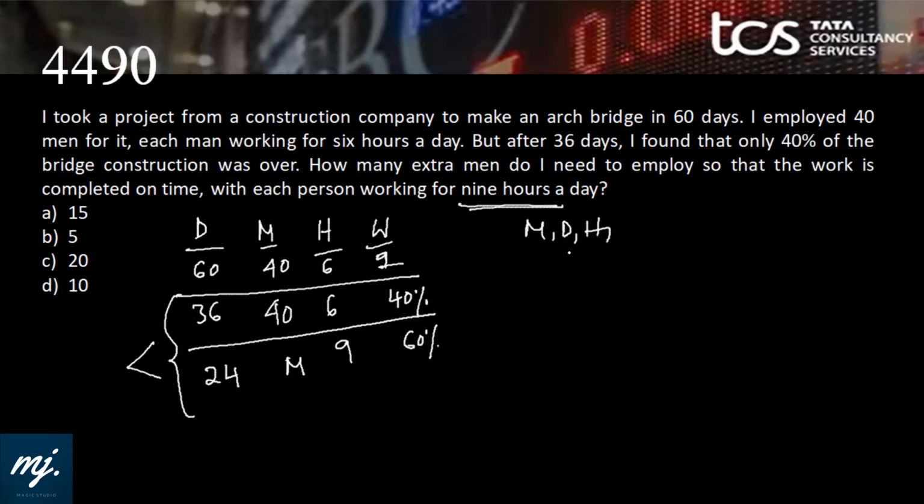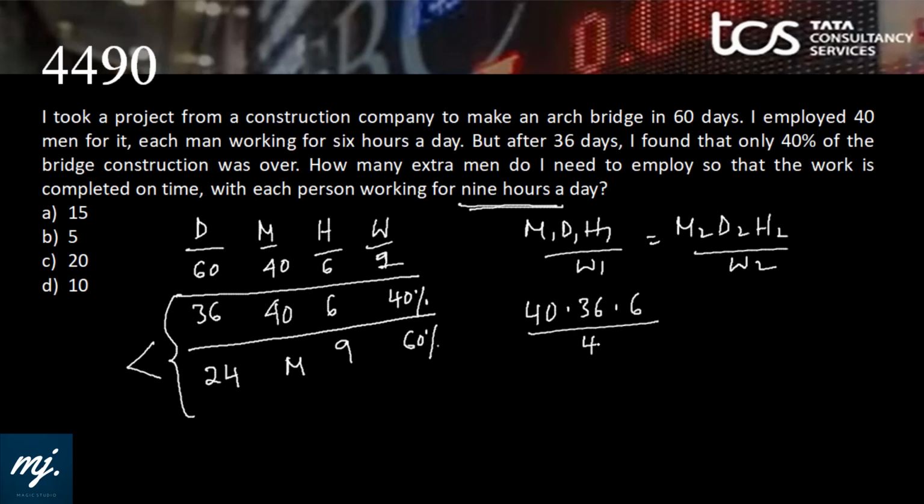M1 D1 H1 by W1 equals M2 D2 H2 by W2. M1 is 40, D1 is 36, H1 is 6, work done 40%. Let me write this as 40. M2, D2 is 24, H2 is 9, and W2 is the remaining work, that is 60%.